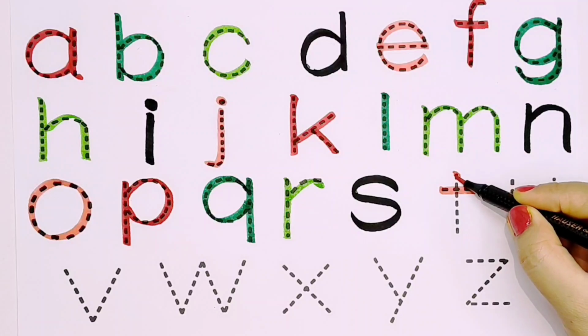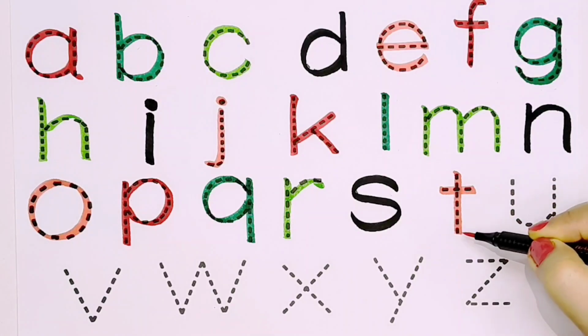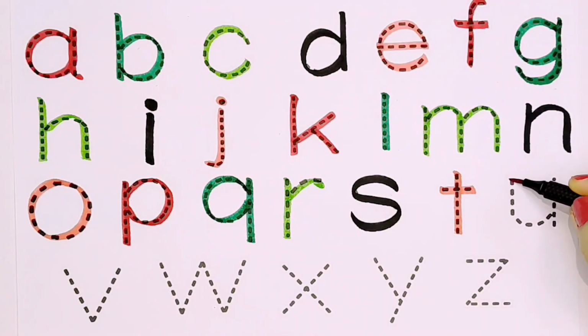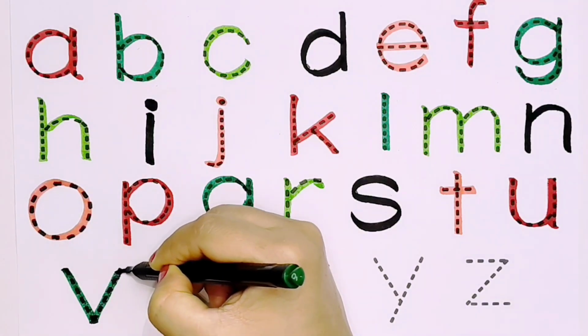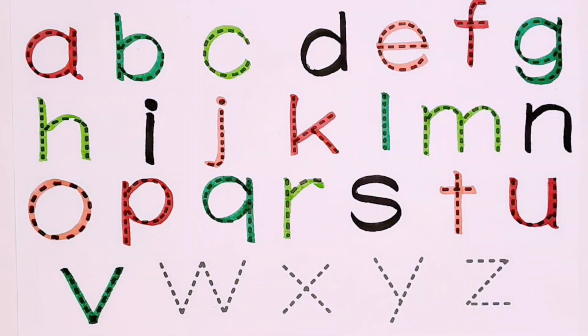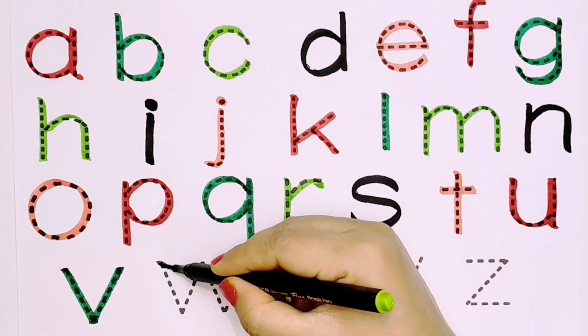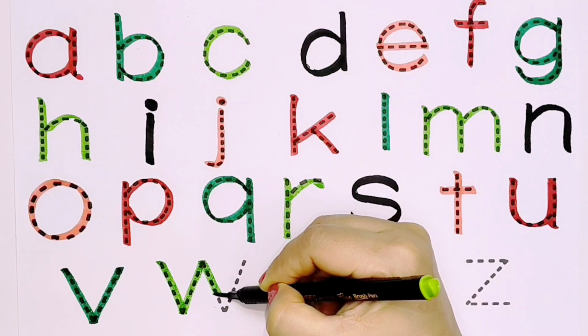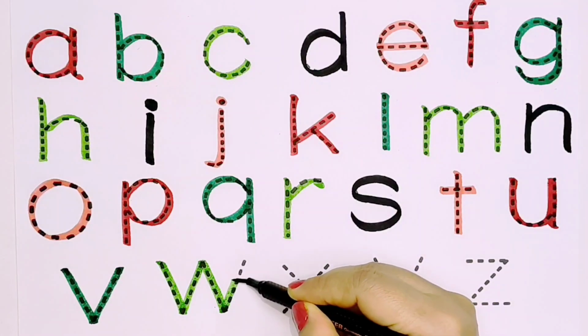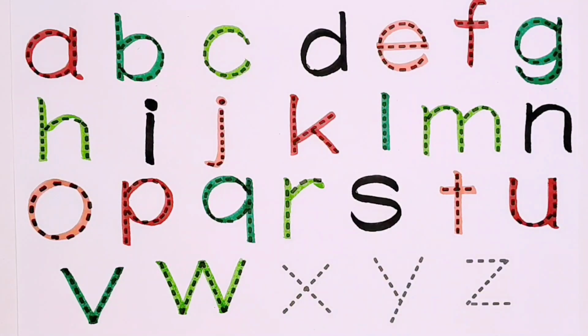T for train. U for unicorn. V for van. W. W for wheel.